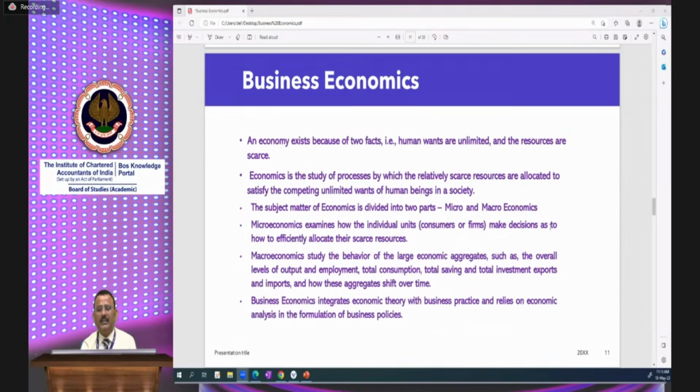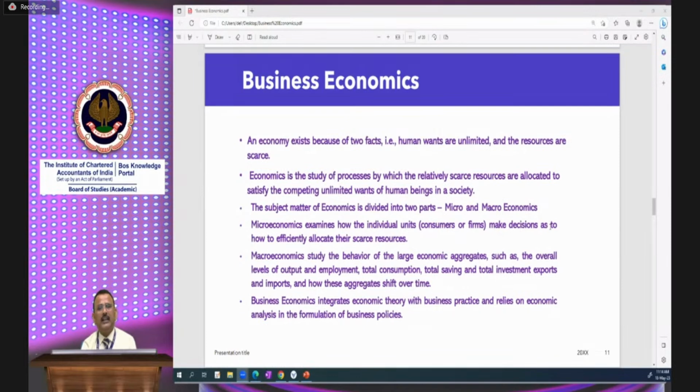So economics is all about satisfying wants with limited resources. Economics is the study of the process by which relatively scarce resources are allocated to satisfy the unlimited wants of human beings in society.